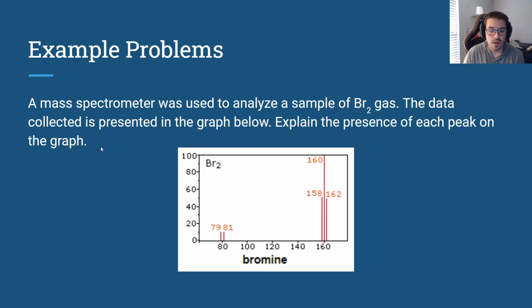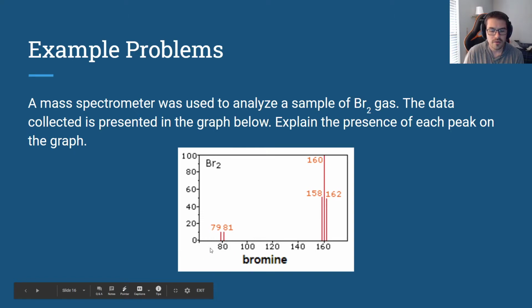Okay, well, first of all, on this graph, we don't have a whole lot of information. For example, the axes are not labeled. We can make a good guess as to what these mean. On the previous graph, the x-axis was mass number. Let's assume that is what the x-axis is here.